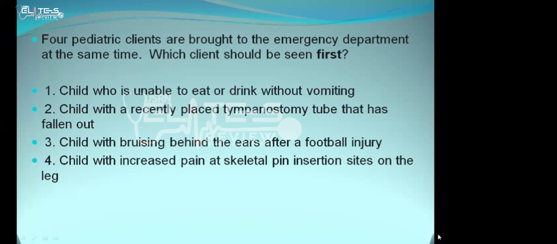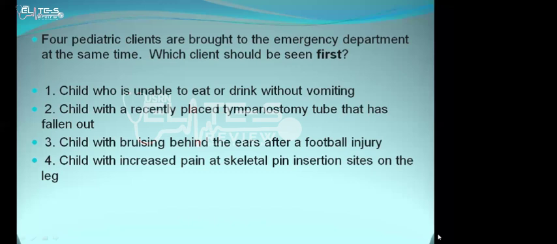Okay, so I'm going for option 4 because I think this is a possible compartment syndrome, and if an intervention is not taken immediately, the child might lose that limb. So that's why I would go for option 4. Now, looking at option 1, the child is unable to eat or drink without vomiting.